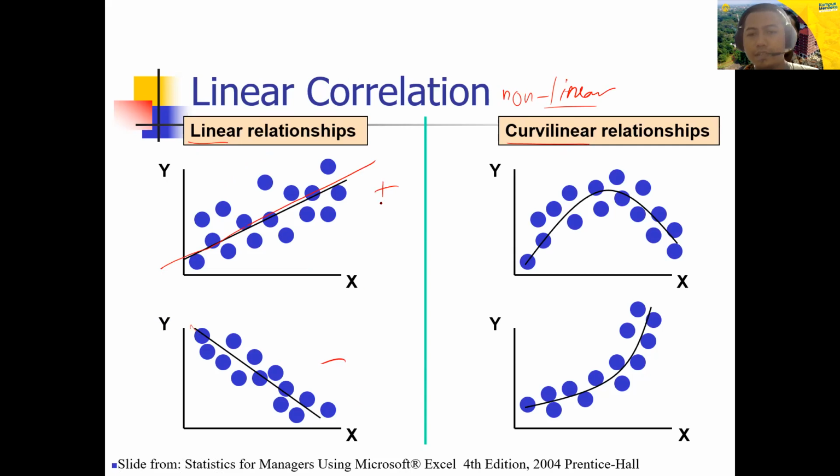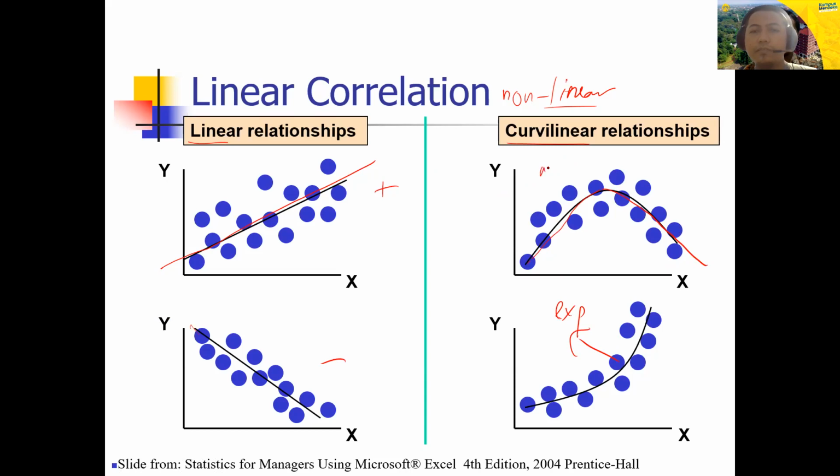I think there is no confusion about linear, and non-linear is like maybe a maximum or exponential. This is an exponential function, and this is not linear, like a curve.